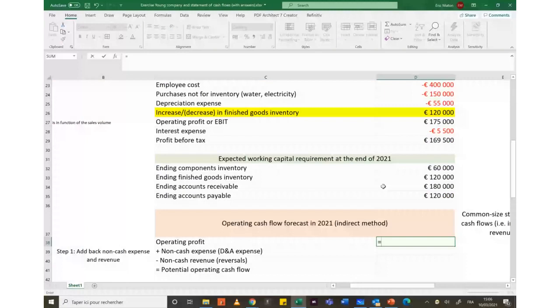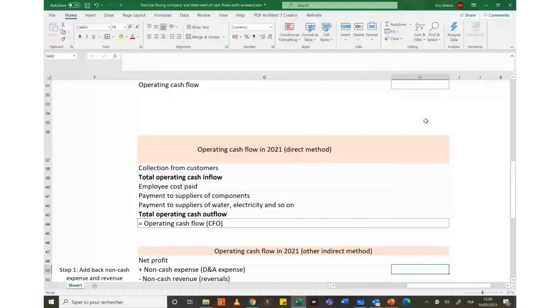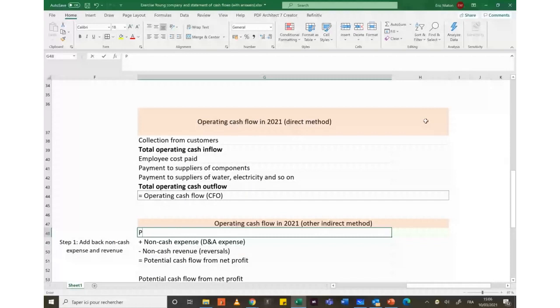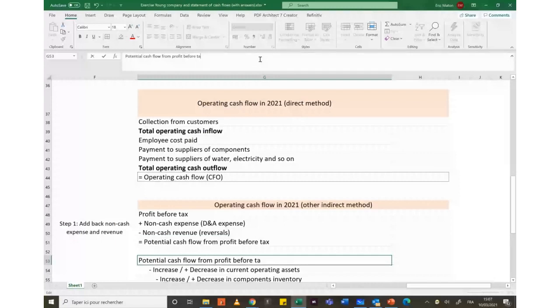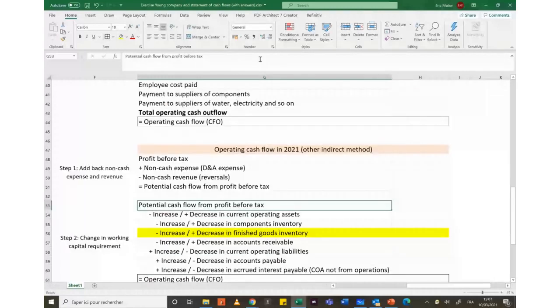Now, in the indirect method, we can start from the profit before tax or the operating profit. Here I start with the operating profit. In the other presentation, I start with the profit before tax. We don't have income tax here, so potential cash flow from profit before tax. We don't have tax assets or tax liabilities.